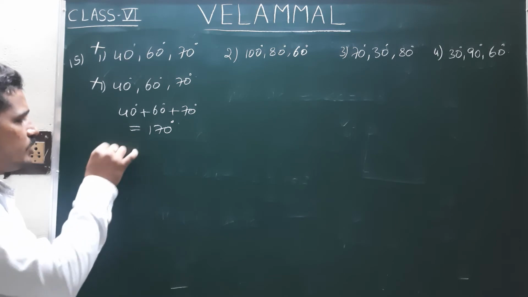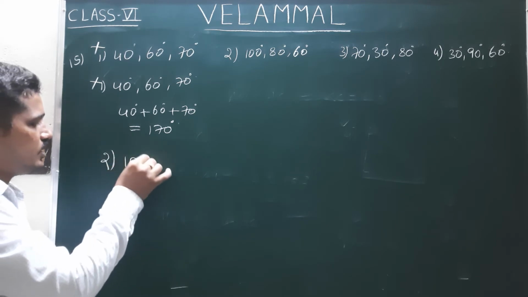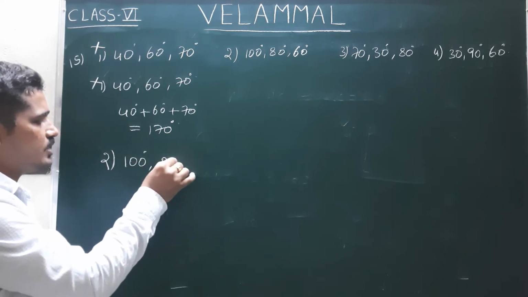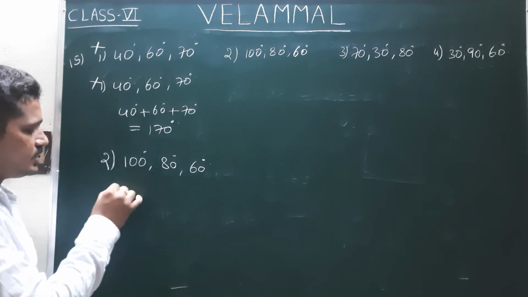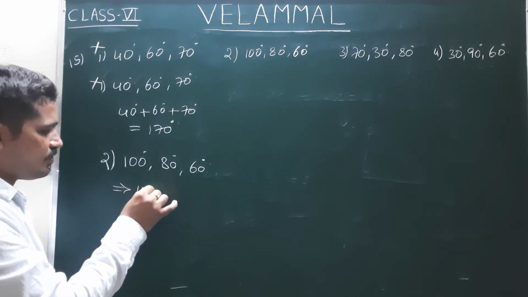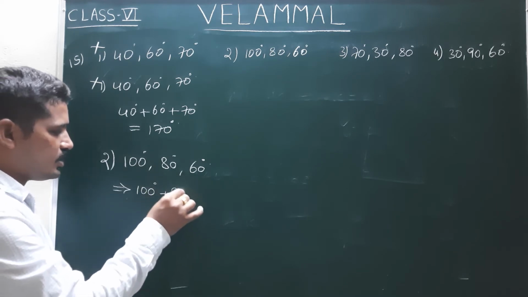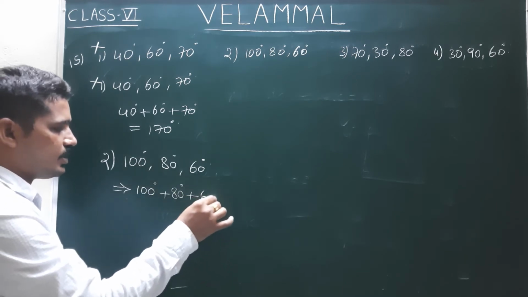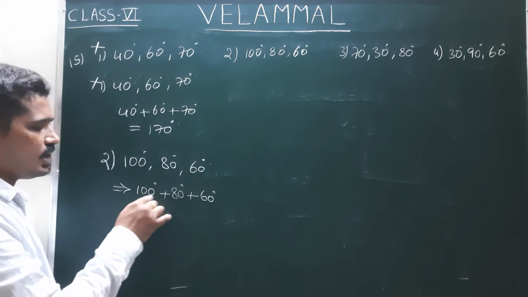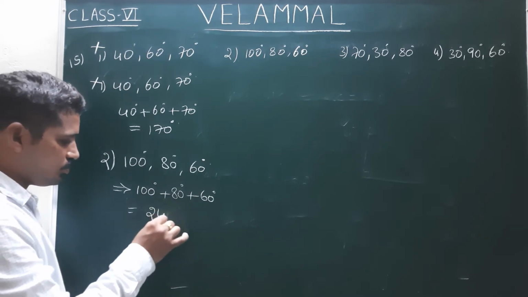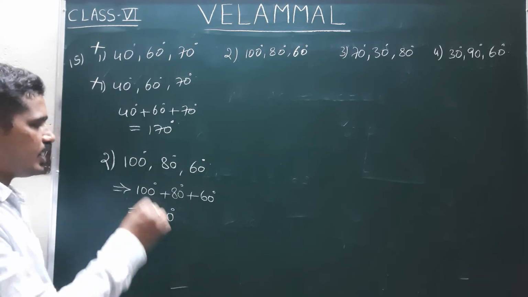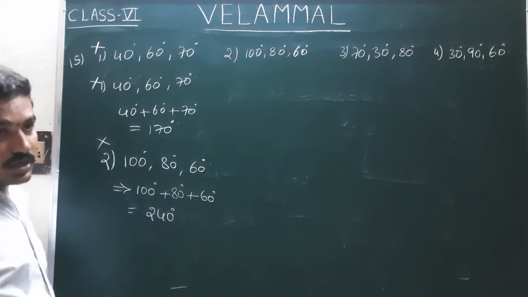Next, the second option, that is 100, 80 and 60. Again, if we add the angles, 100 plus 80 plus 60. 100 plus 80 is 180, 180 plus 60 is equal to 240 degrees. So again, the second option is also not correct.